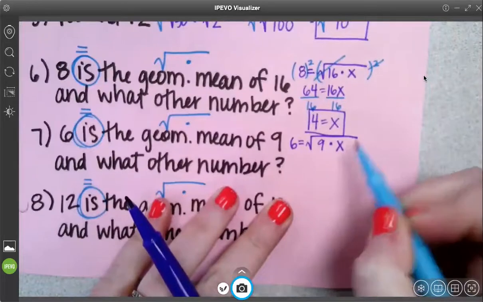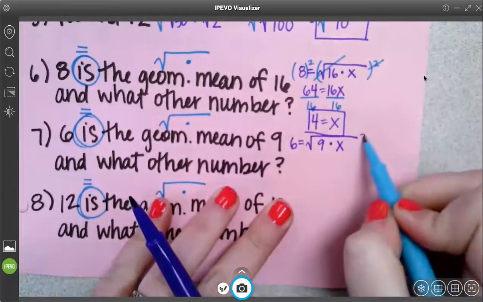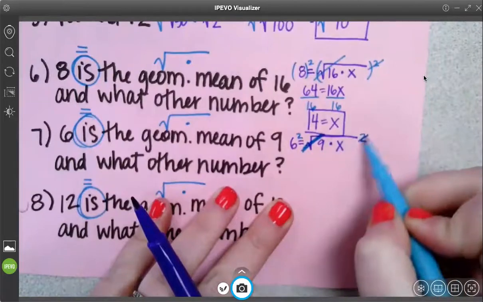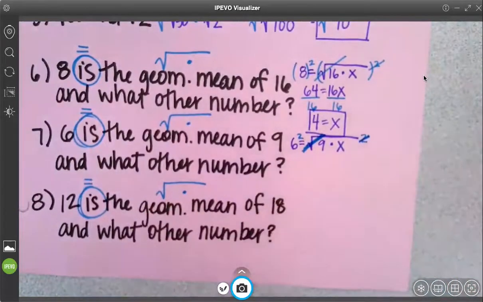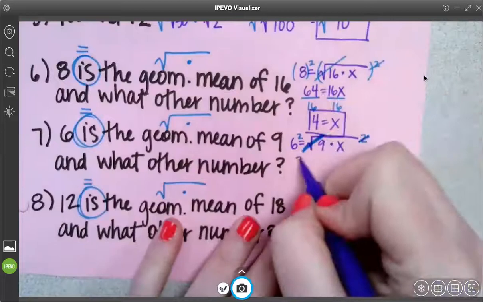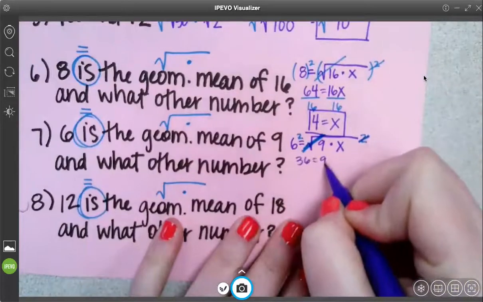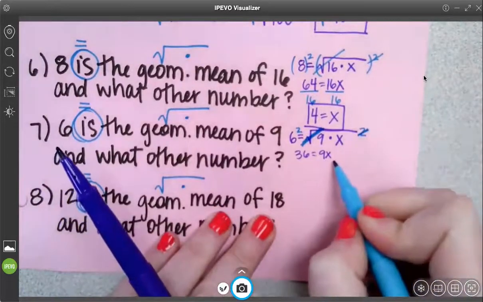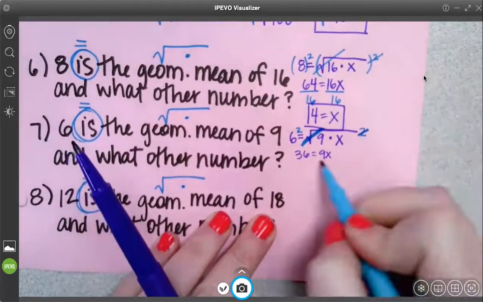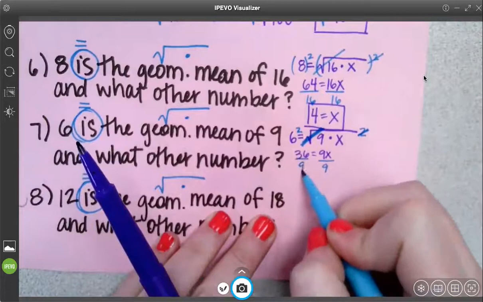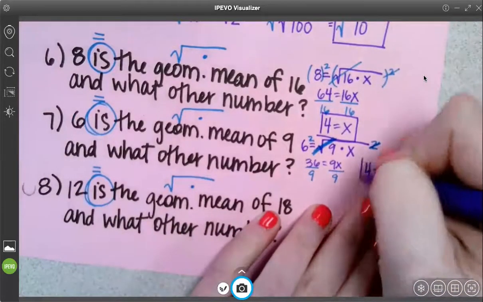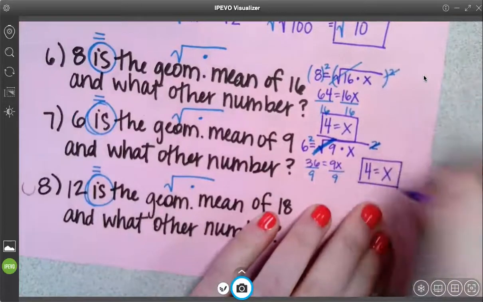So we're peeling away layers like an onion. We're going to square both sides, because this radical and this exponent of 2 are going to cancel out. So 6 squared is 36. 9 times x can be rewritten as 9x. And then from there, just basic algebra that you're used to, right? We divide by 9 on both sides. And once again, same answer as before. 4 equals x.